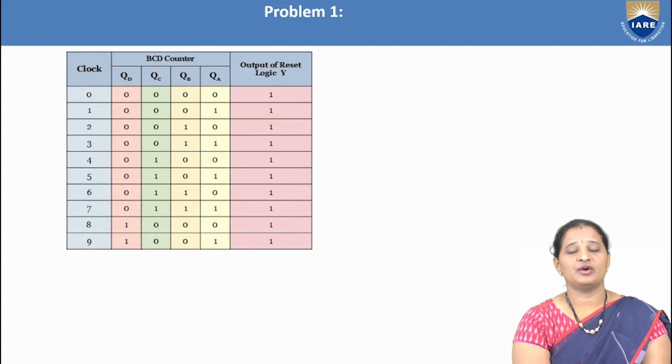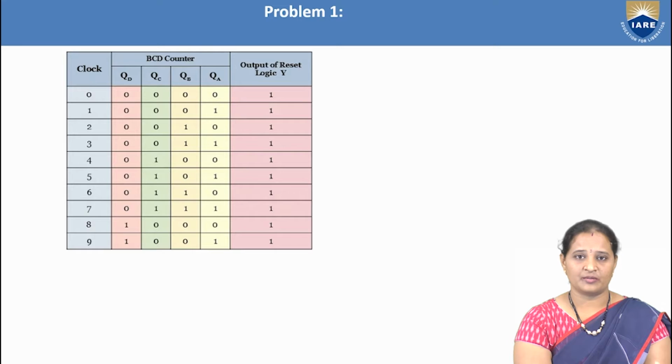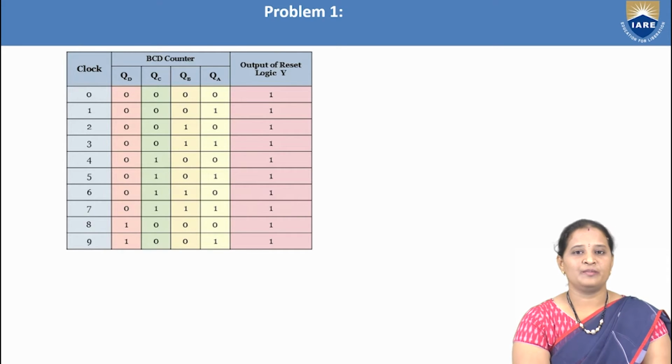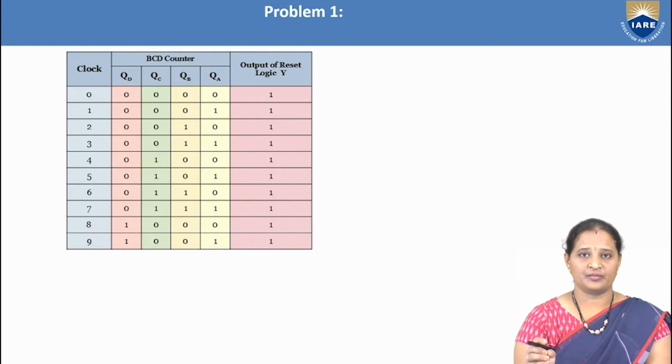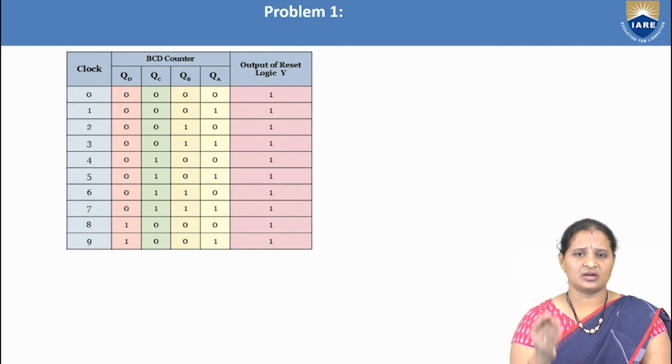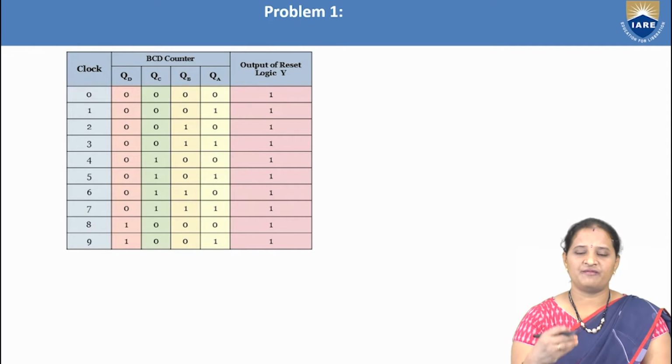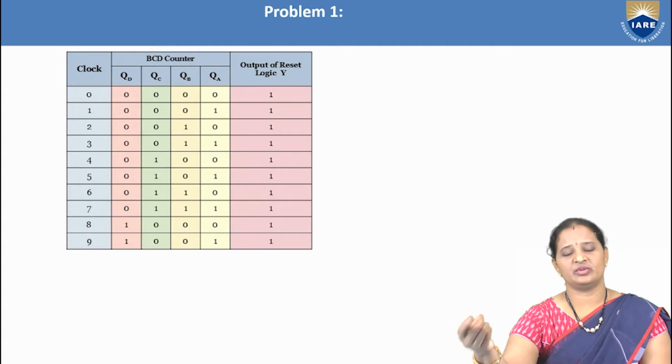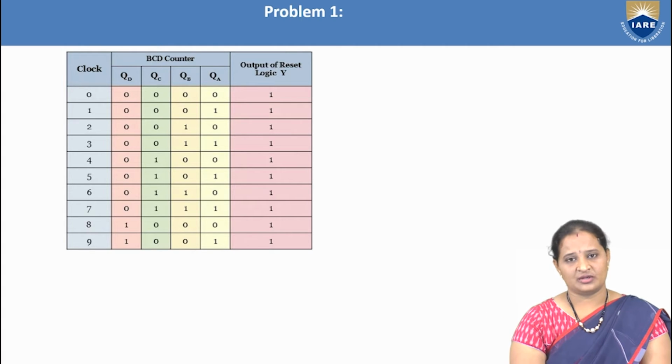We only need the truth table of the counter. So we don't require any excitation table of the flip-flop chosen. The counter truth table states, for every clock pulse applied, what will be the next state of the counter.